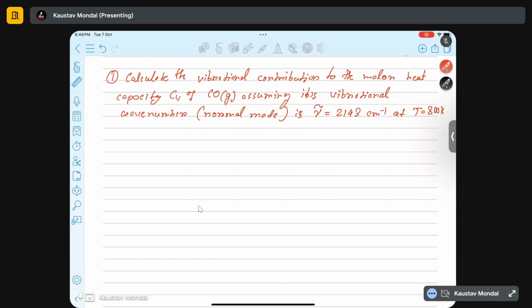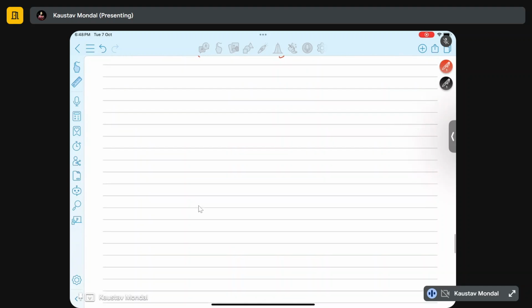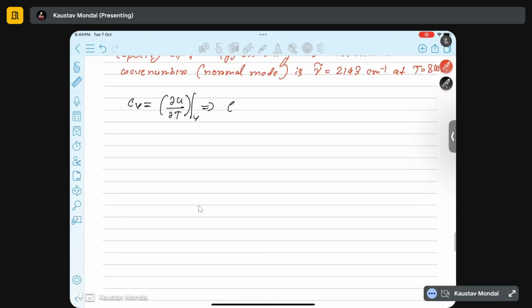We know the specific heat at constant volume looks like this: CV equal to del U del T at constant V. In the problem it says molar heat capacity, so that means you have to calculate CVM.